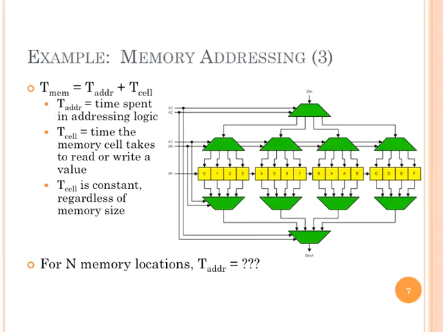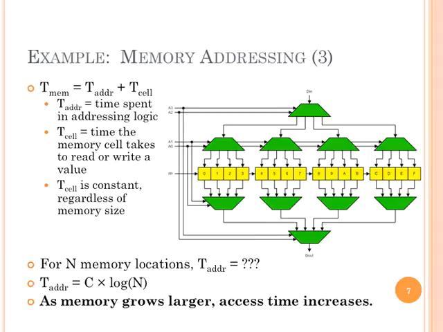So how would we approximate this time complexity type thing? For n cells, it would be what? Yeah, log n. Exactly. Times some constant, obviously, but we'll just throw that in there.